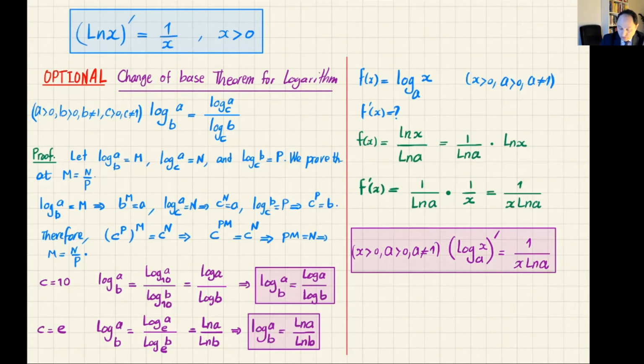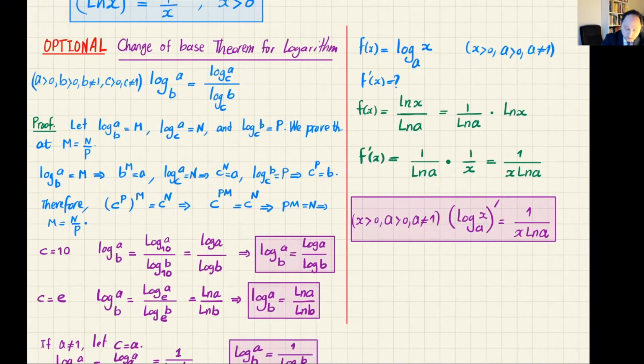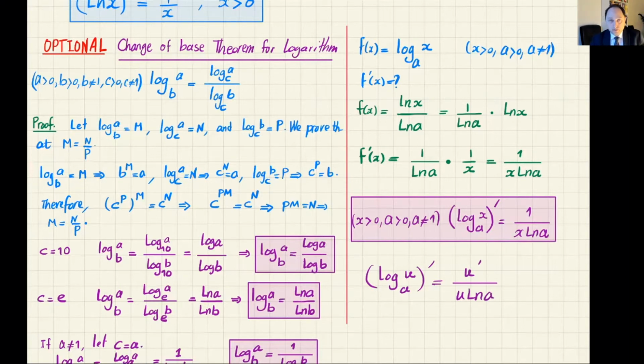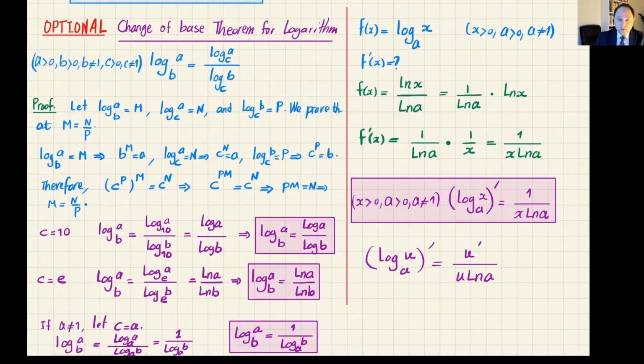And of course the chain rule version is also clear. So instead of x, if I have a function of u, log of u in base a, then of course it becomes u prime divided by u ln of a, which is always the case. So this is one thing that I want you to know. So it's very natural to talk about this idea at this point. Okay, any questions so far?